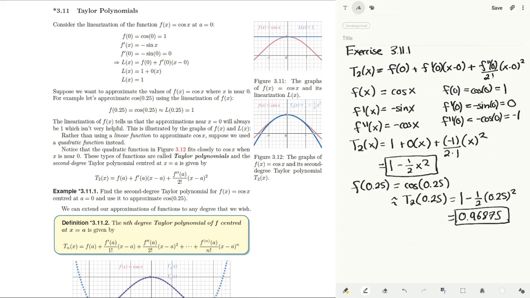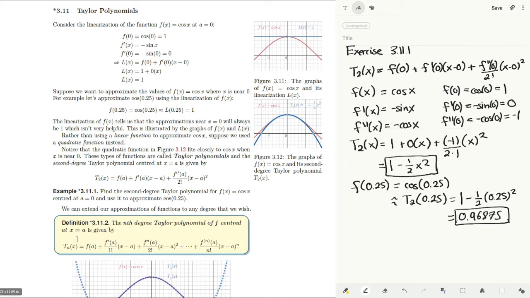So why stop at a quadratic function to approximate f of x? What if we used a higher degree polynomial instead? Well, we can extend our approximations to any degree that we wish. And so the nth degree Taylor polynomial is given by this formula.